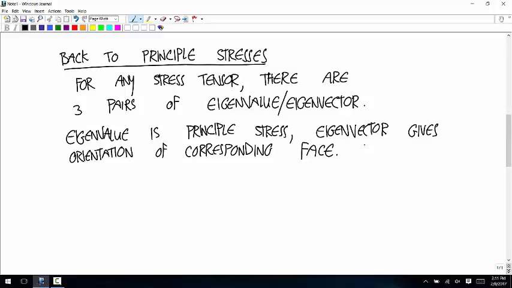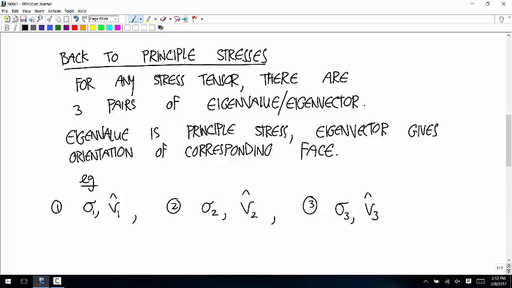So if you have, for example, sigma 1, so say your first one is sigma 1, and let's call this V1. And then sigma 2, vector V2, and sigma 3 and a vector v3.